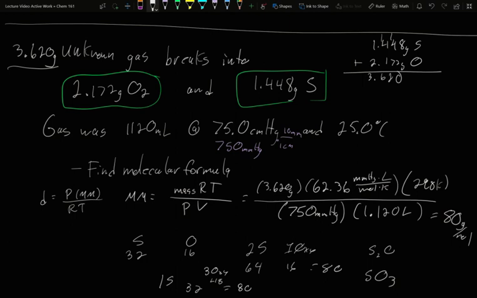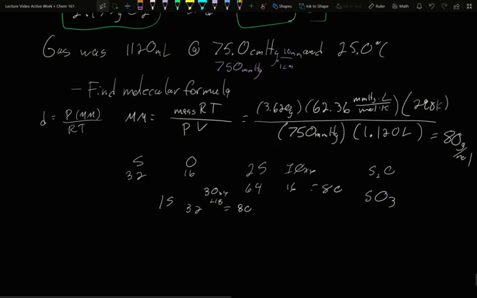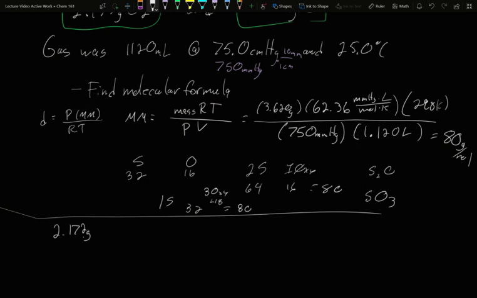So we know the amount of sulfur and oxygen we really have. We can compare the moles of them. So let's take a second and find the moles of each thing. 2.172 grams of O2. Well, there's 32 grams of O2 in 1 mole of O2.